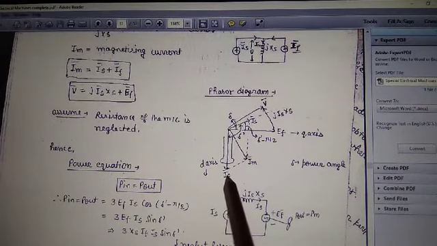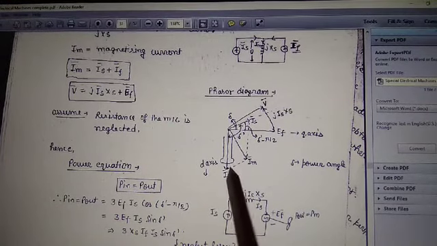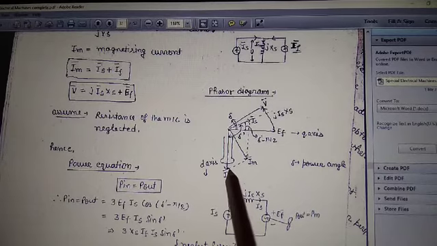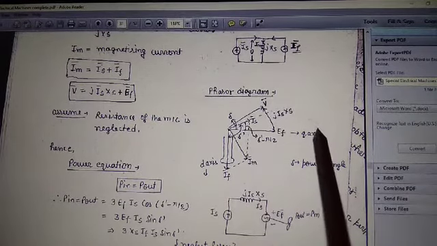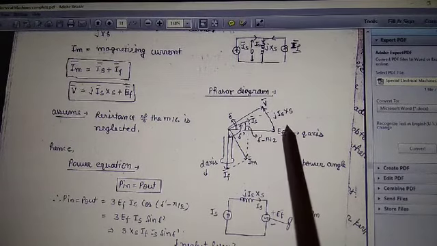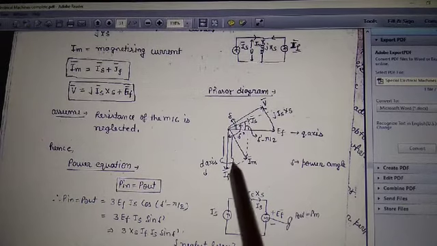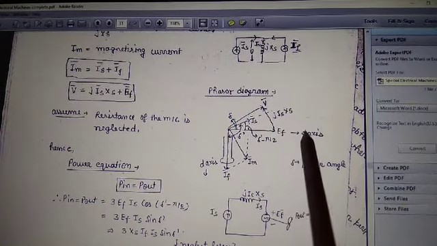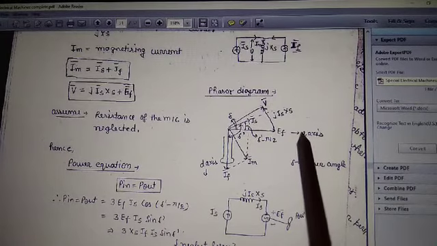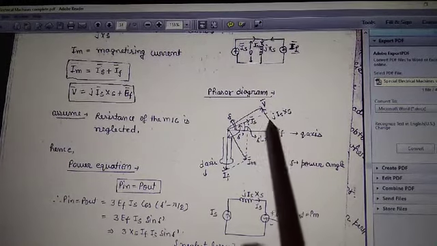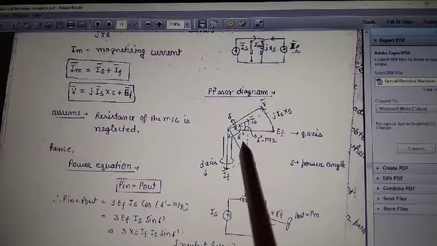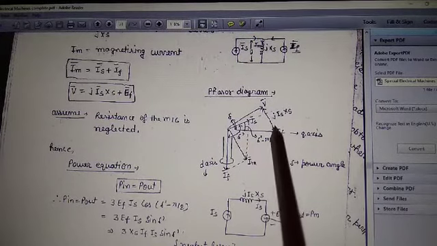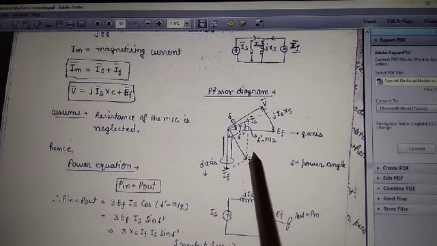On the D axis, we represent the field current. On the quadrature axis, we represent the generated EMF. This is your magnetizing current, and it is lagged by the EMF.